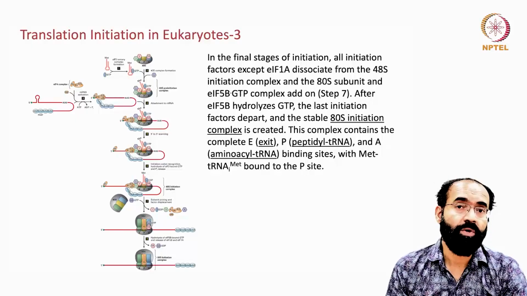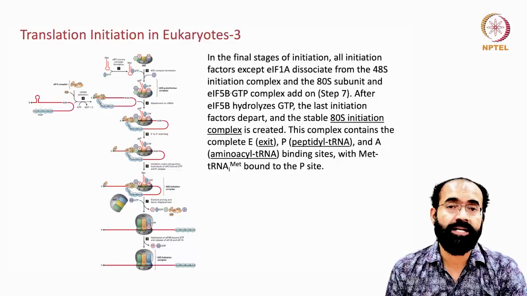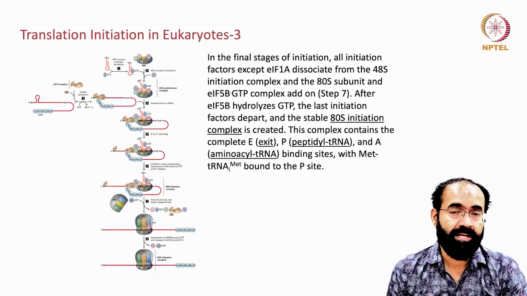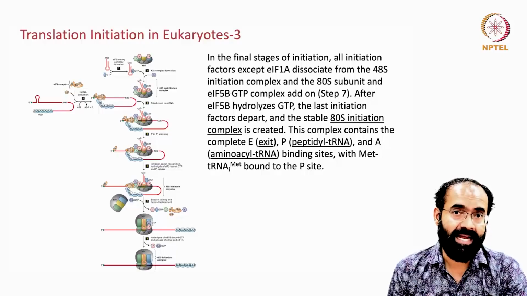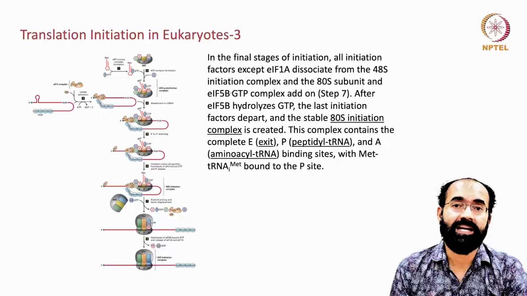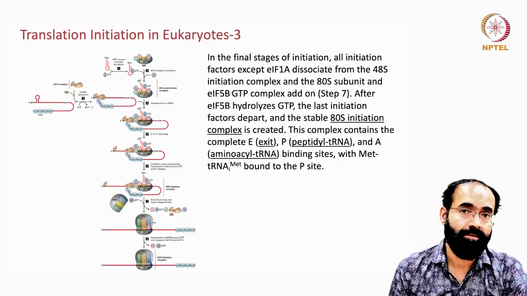Now you have the methionine and its tRNA in the P site. So now what will happen? This methionine bearing tRNA will move on to the E site, the exit site, and the newly arrived alanine bearing tRNA will occupy the P site.